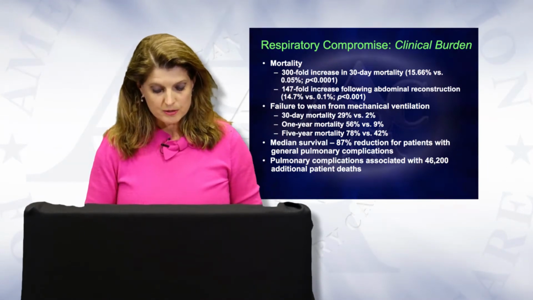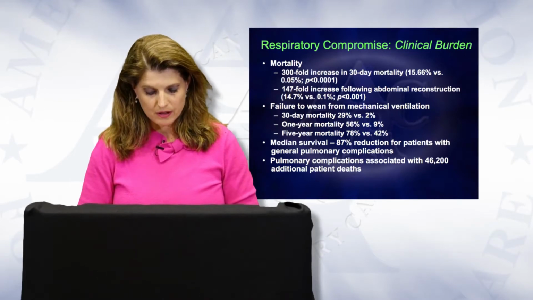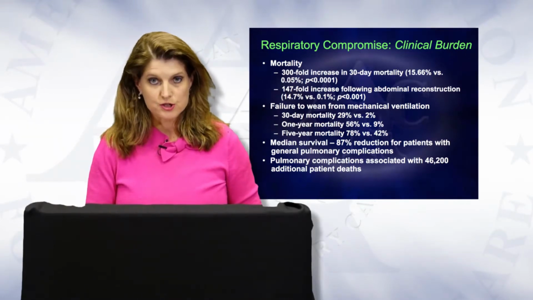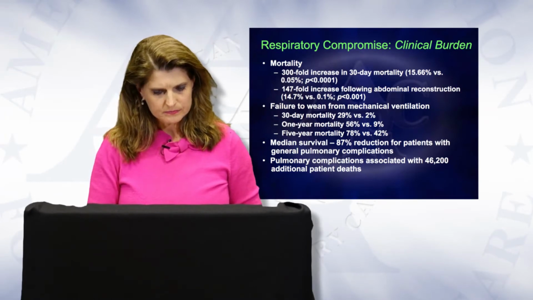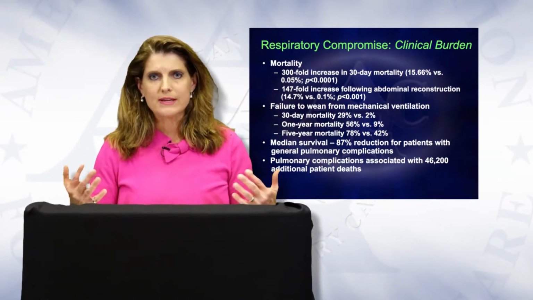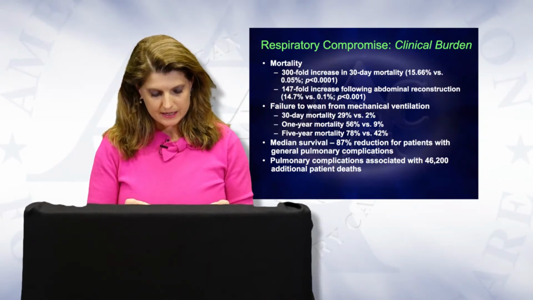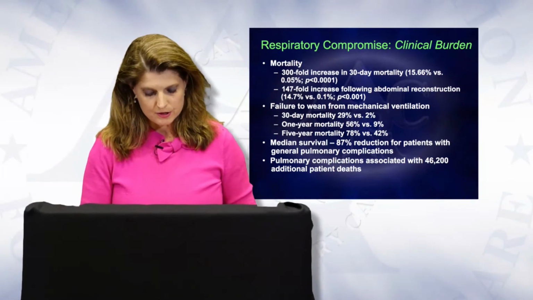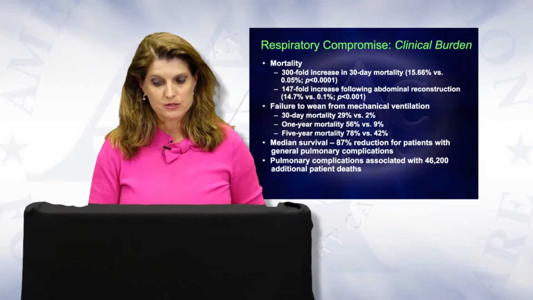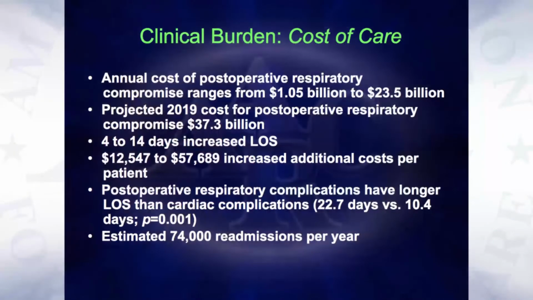The authors also demonstrated an 87% reduction in median survival for patients who experienced general pulmonary complications compared to those who did not. Finally, to put all this data into perspective, when the authors extrapolated the findings to the national scale, pulmonary complications were estimated to be associated with 46,200 additional patient deaths per year.